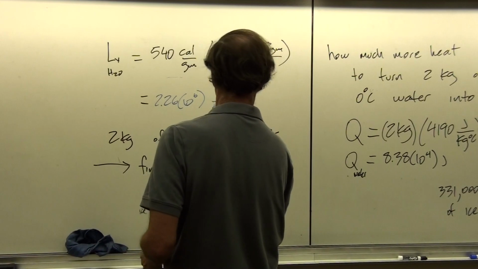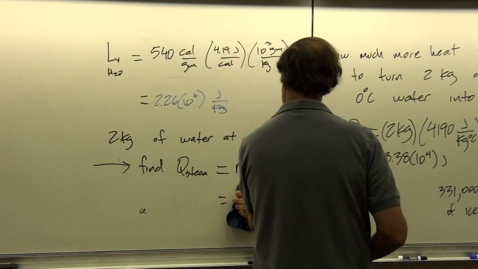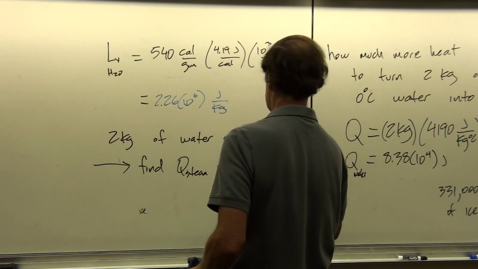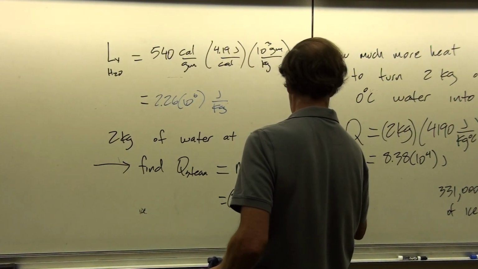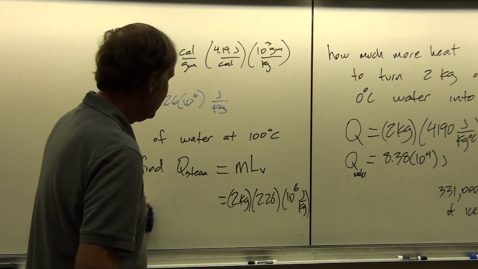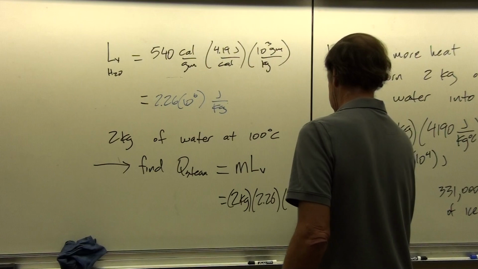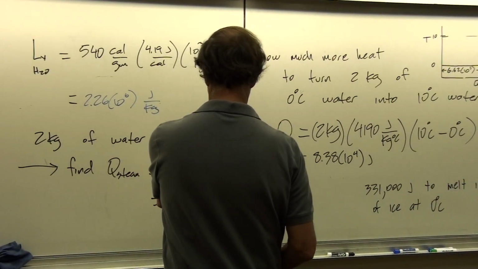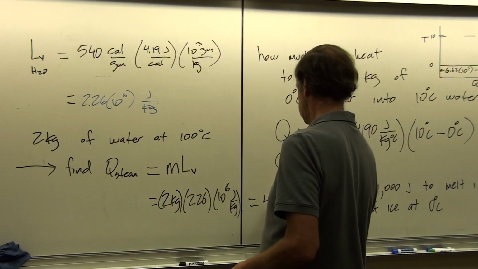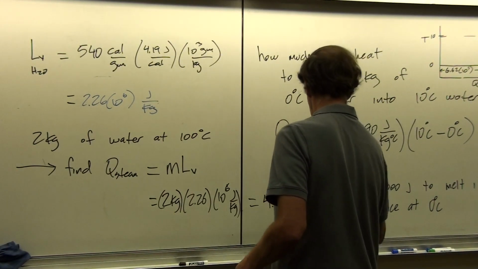So that'll be equal to 2 kilograms times 2.26 times 10 to the 6 joules per kilogram. Again, the kilograms units cancel out, and so then it'll just be double 2.26, which is 4.52 times 10 to the 6 joules.